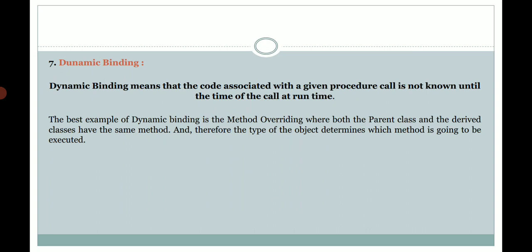The best example for dynamic binding is method overriding. In method overriding, both the parent class and the derived class have the same method, meaning the same function. Therefore, the type of the object determines which method is going to be executed. This is a general example for dynamic binding.